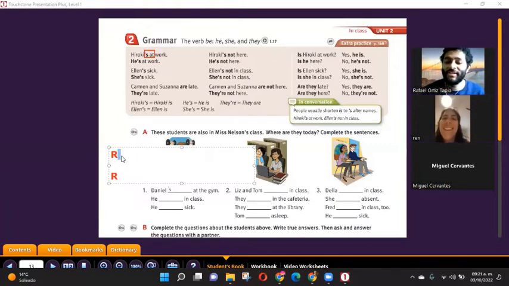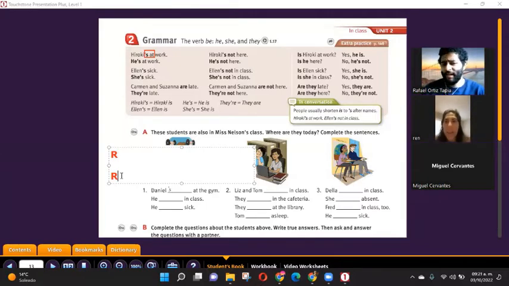So that vibration must not happen in English. That's the only difference. How do you say paladar in English?